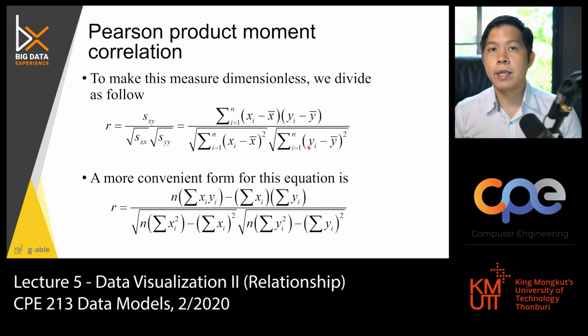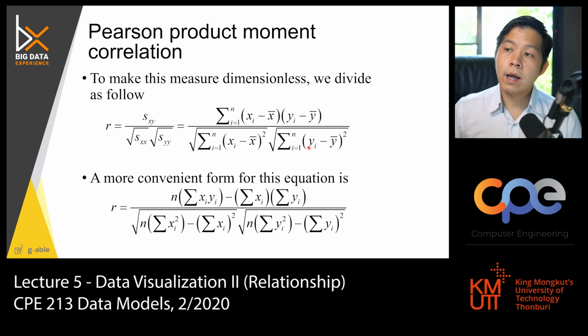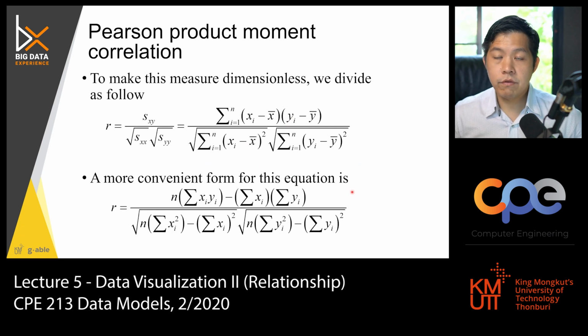Although it looks complicated mathematically, once we multiply the terms, xi times yi, x bar times y bar, and do the same down here as well, we get a more convenient form: n summation of xi yi minus summation of xi summation of yi, divided by the square root of n summation xi square minus summation xi all squared, and likewise for y. This allows us to compute the relationship between the two.